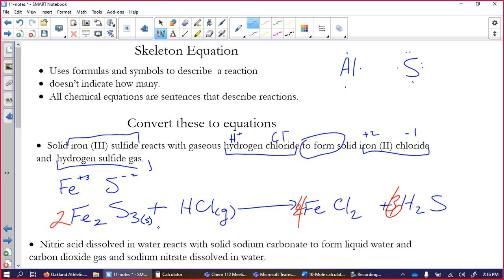Oh, why is this not wanting to balance? It usually does. Let's keep. Oh, right, that doesn't want to work.